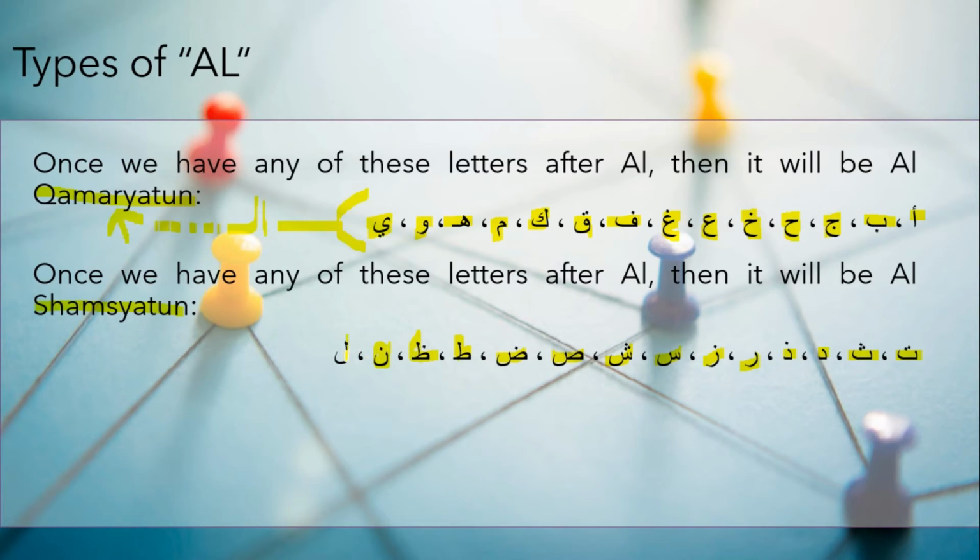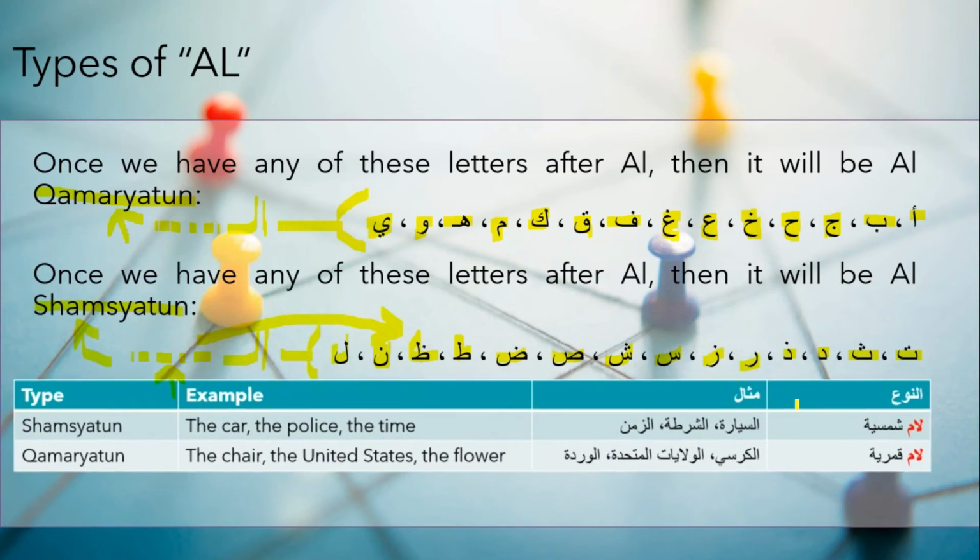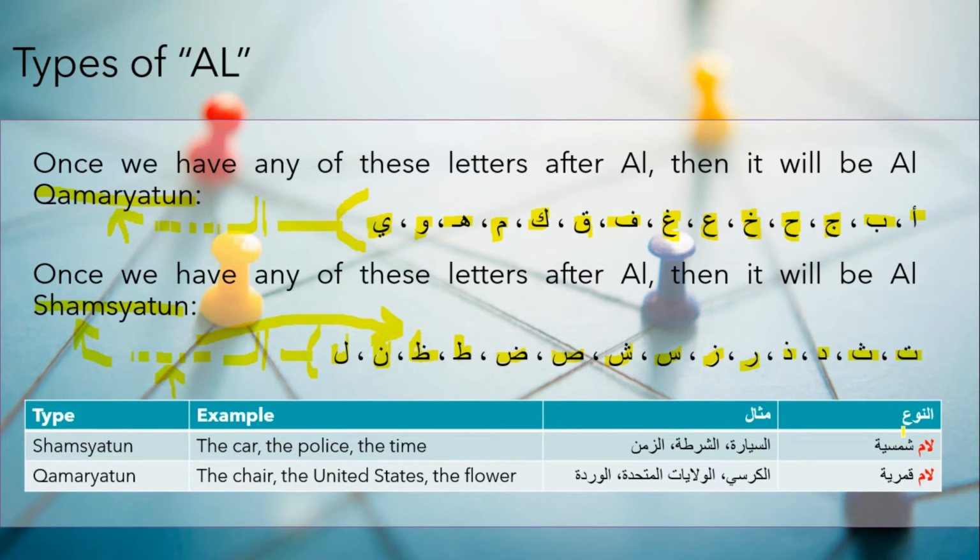Once you see these letters after L, you won't be able to pronounce the lam. It's exactly the same effect as when you say ash-shams, which starts with the letter sheen. You won't be able to pronounce the lam. And al-qamar, you can see the letter qaf in al-qamariyyah, exactly the same.